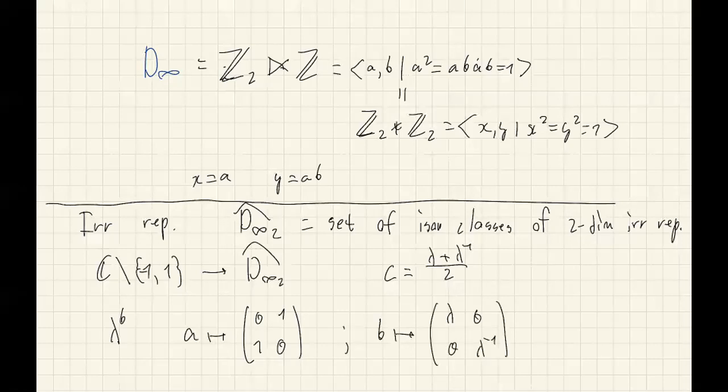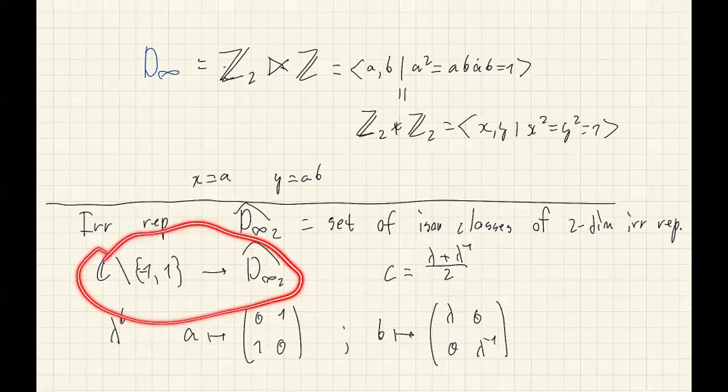For lambda and lambda inverse, these representations are isomorphic, and they are irreducible as long as C is not 1 or minus 1. So this map is actually a bijection.